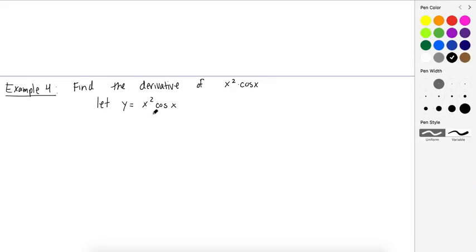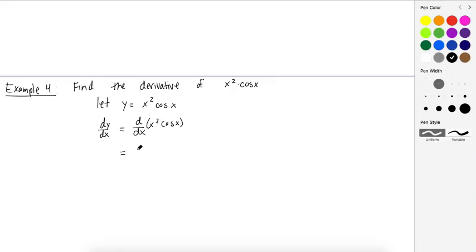cosine of x. And again, just like how we started before, we are going to look at the derivative of y with respect to x, and that is going to be the derivative with respect to x of x squared cosine x. And again, now we're going to use the product rule. So we know that we can just look at the derivative of the first times the second.